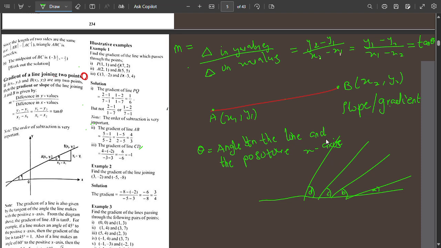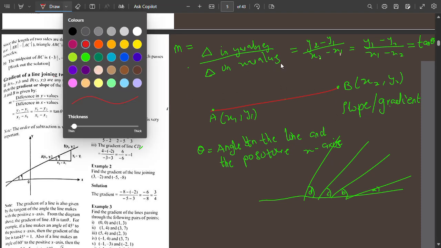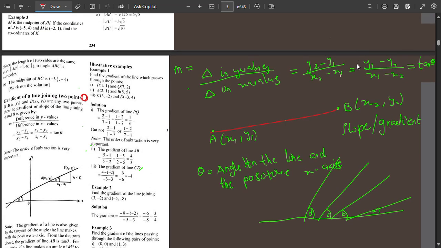Okay, perfect. So this is the gradient formula. This is what we have to memorize. We can just get rid of this and keep one of the y's, and the tan theta.